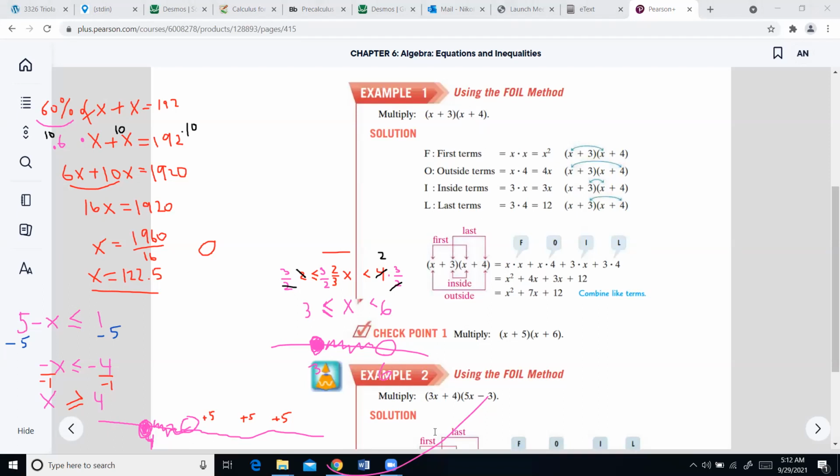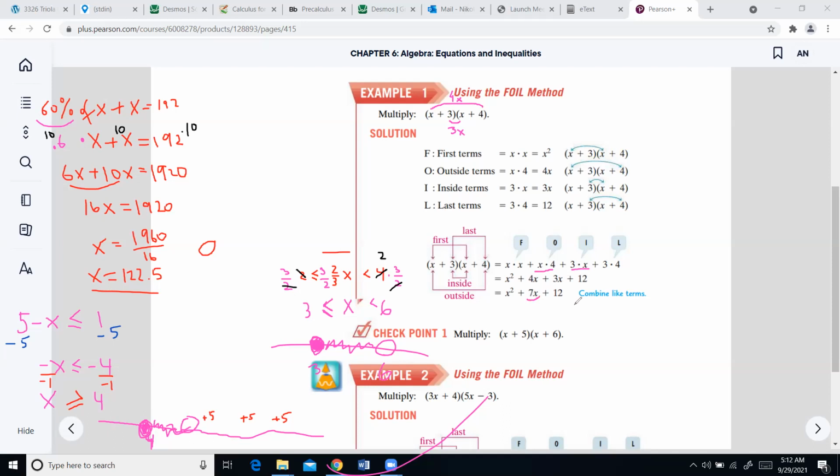Well, they like to use this so-called FOIL method because they notice that the inside product 3x and the outside product 4x are like terms, right? So when you produce this 3x and 4x, they end up being together 7x.